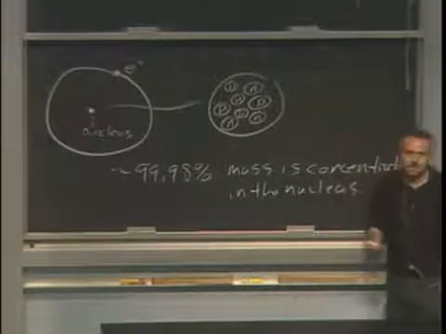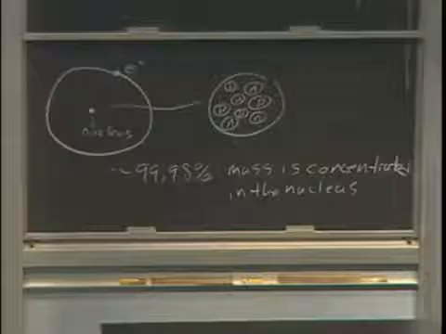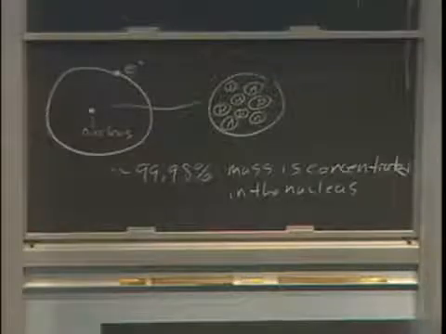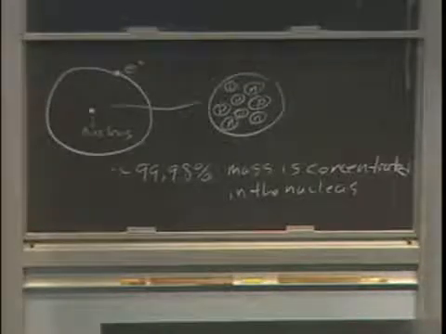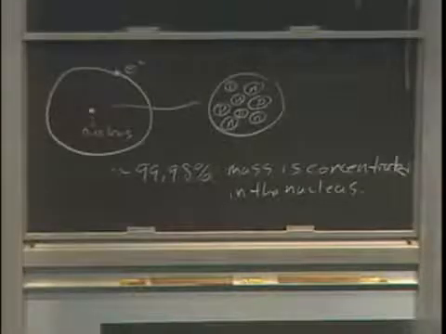While the electrons have a very big role in the size of the atoms, and of course the chemical structure of the atoms, the nucleus is where the mass resides, and also where most of the energy resides in the atoms themselves.